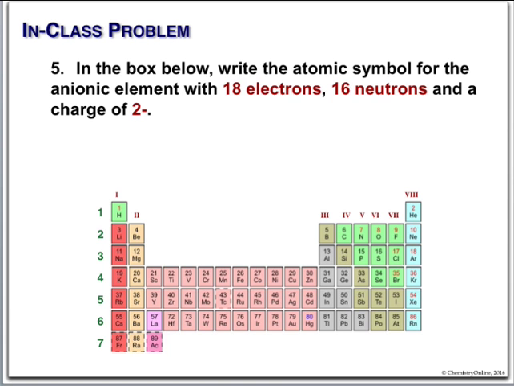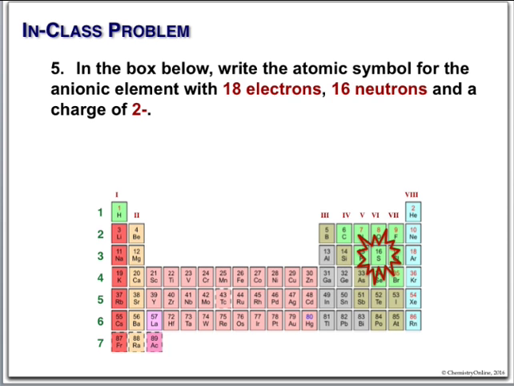That gives it the charge of -2. So what you do is look at your periodic table, and you're looking for something with 16 protons. And oh my goodness, it's sulfur. Atomic number of 16, but it has 18 electrons. So 16 protons, 18 electrons, -2.